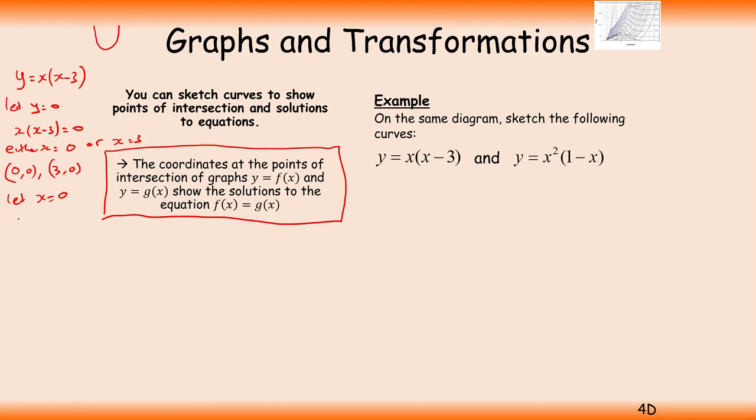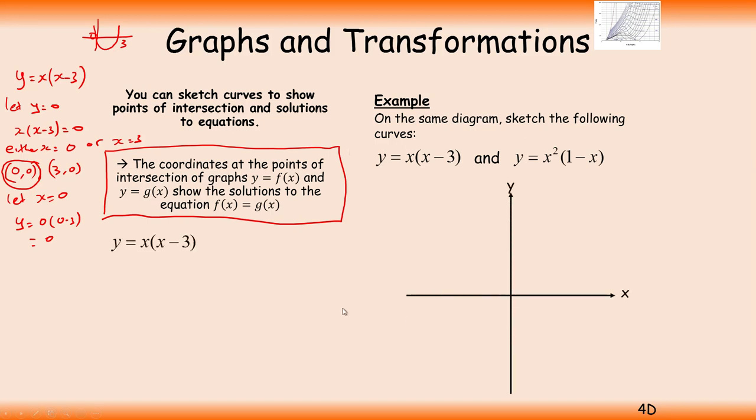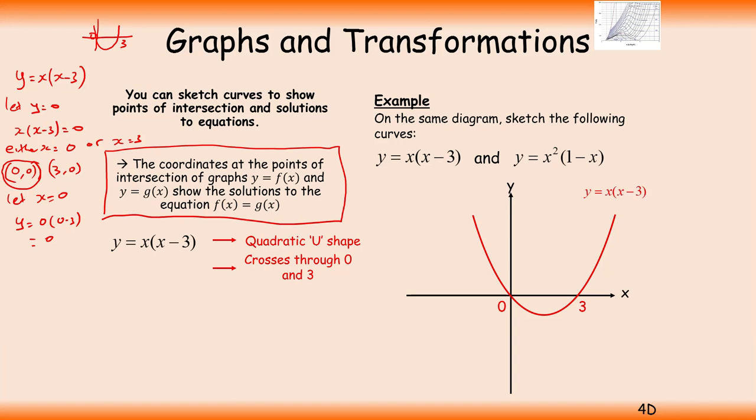That means y is equal to 0 times (0 minus 3), and 0 times anything is 0. So it passes through the origin, as we've already got. So if we sketch it, it's going to be passing through the origin and 3. Let's sketch it. And it passes through 0 and 3.